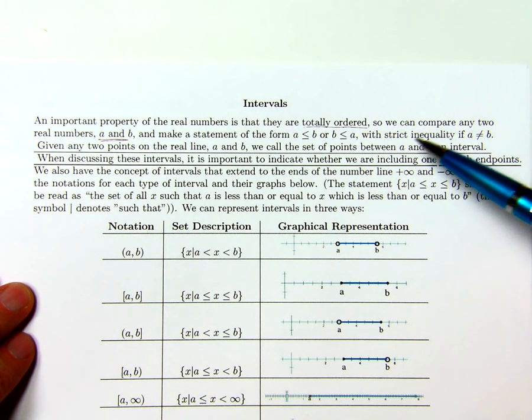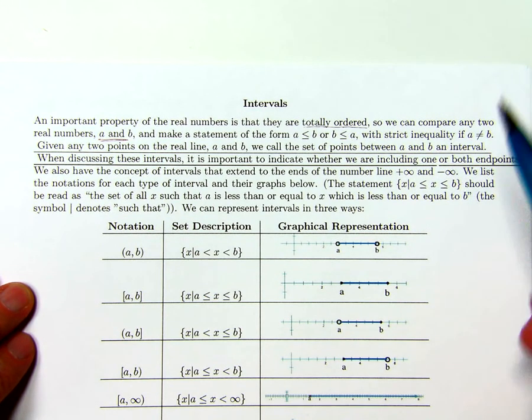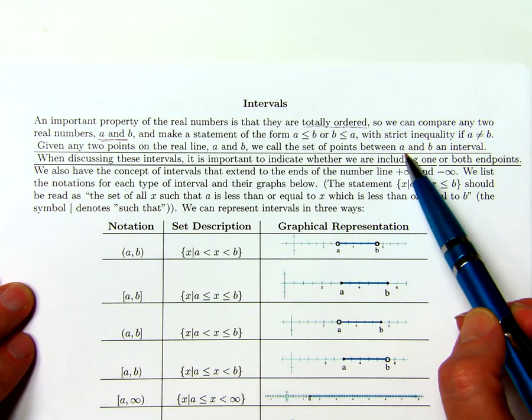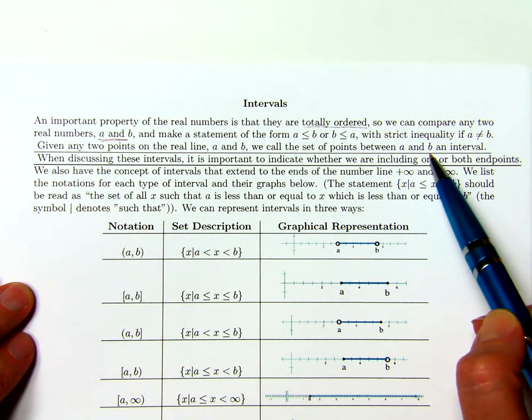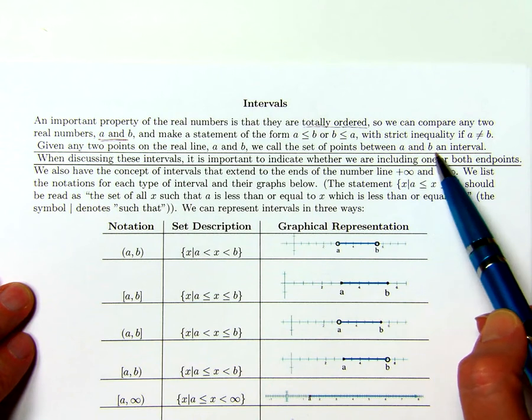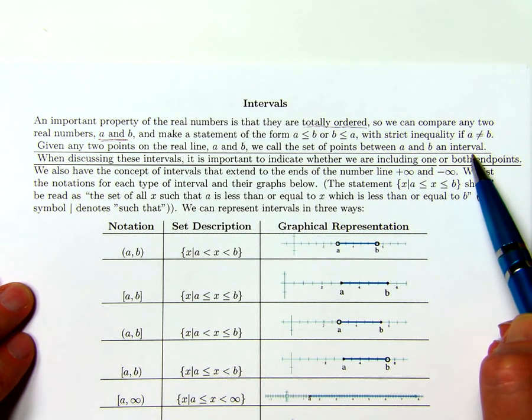So given any 2 points, we can talk about the points between A and B because of this ordering. We call the set of points between A and B an interval.